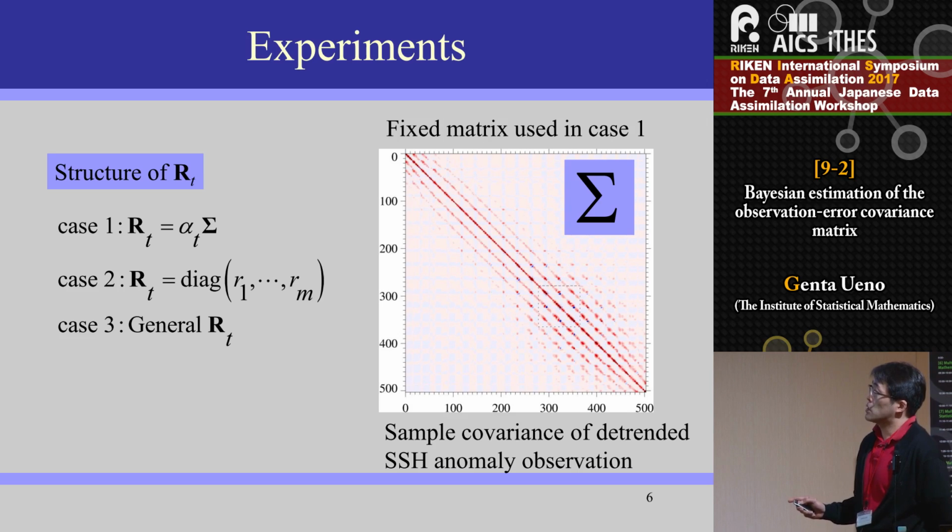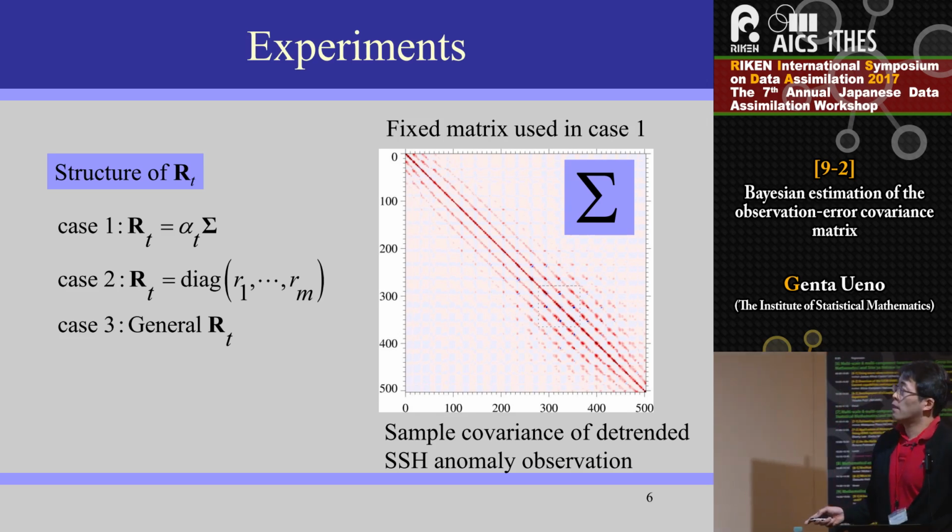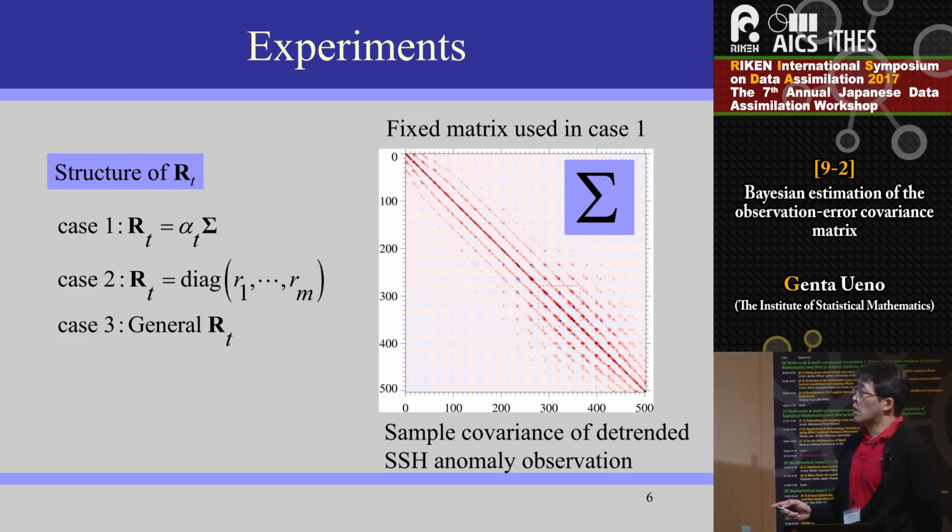So case 1 just estimates the scalar coefficient. In case 2, I assume RT is diagonal, R1 to Rm, so the parameters are R1 to Rm, where m is the dimension of the observation at each time step. And then in case 3, general RT, I'm going to estimate. General RT means the R has no special mathematical structure.